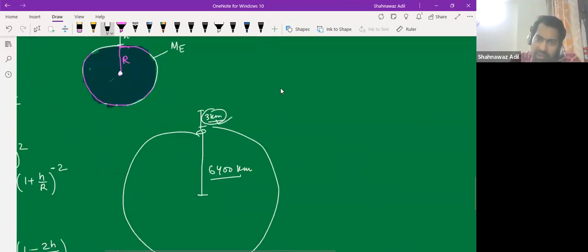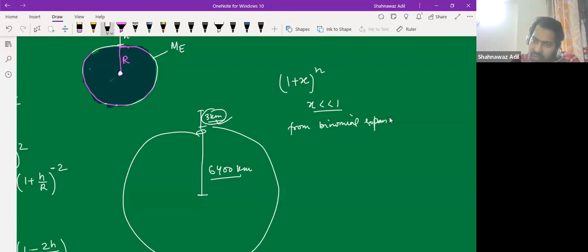If you have 1 plus x to the power n, and x is very small compared to 1, then from binomial expansion we can write 1 plus x to the power n as 1 plus nx.